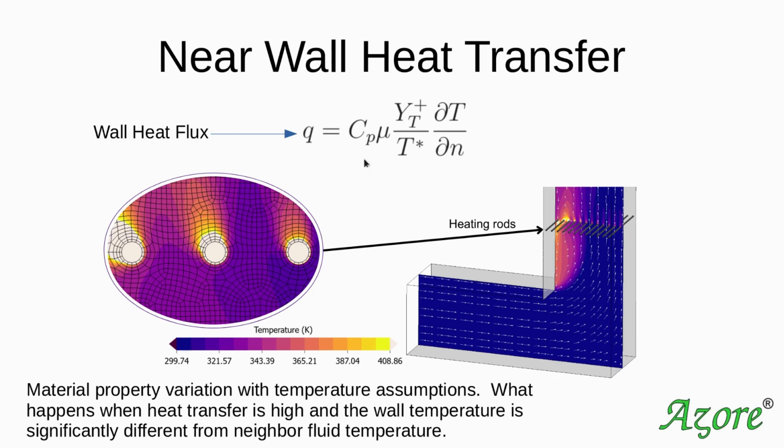But the fundamental math here is that we have this Y plus number. It is connected to the turbulent kinetic energy in the near neighbor cell. So this provides a blending process, a non-dimensional blending process between the boundary layers, or thermal boundary layers, between those two spaces. And we also have this T star, which is another scaling value that's used in here.